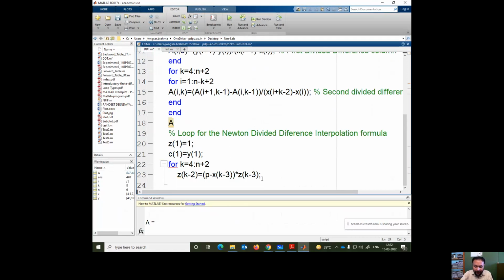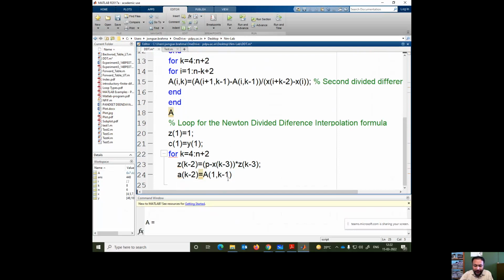Now next I have to define what is the value of these coefficients, right? It is defined again by k minus 2 here is equal to, okay, it was what we had defined here. This matrix A is similar to this matrix A. From the matrix A I took the first row, comma, then k minus 1 because we want the table from k3 onwards.